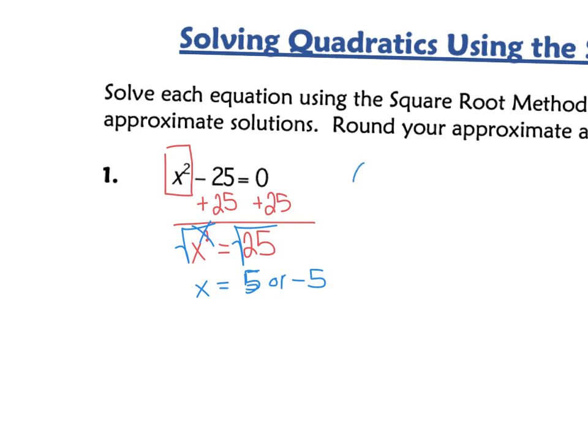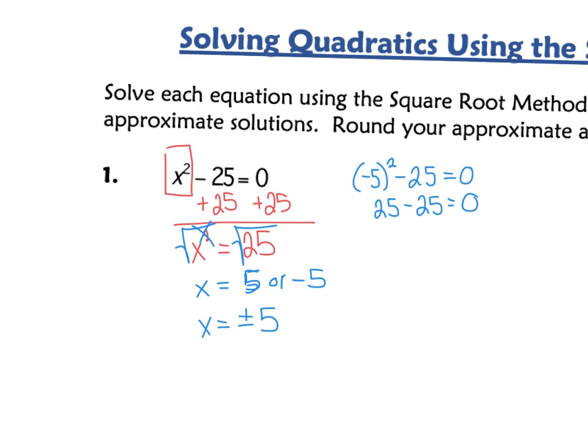If I take negative 5, now remember, if you take negative 5 and square it, you would have to put it in parentheses. Is negative 5 squared minus 25 going to equal 0? It is, because when you square any number, you're going to get a positive. Any integer, when you square it, you're going to get a positive, other than 0, obviously. So the way that we shorthand this, instead of writing it this way, where you'd have to write 5 or negative 5, you can write plus or minus 5.